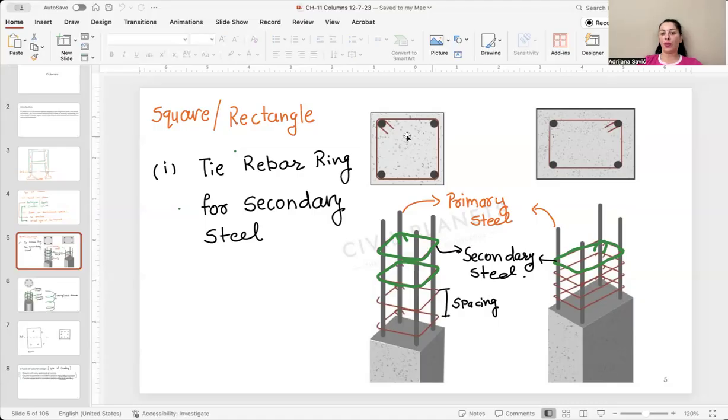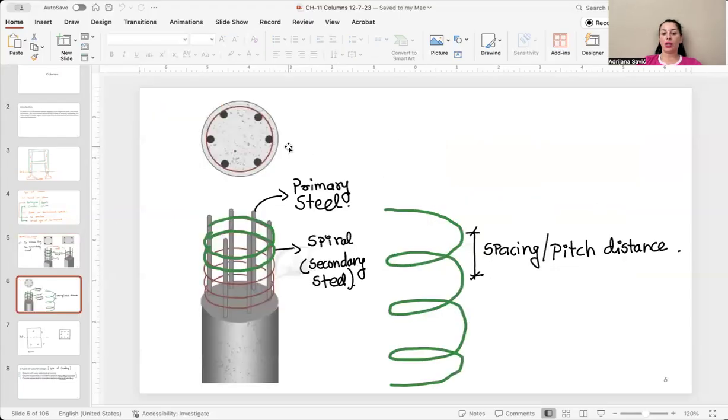This is an example of a square cross section, this is a rectangular cross section, and we have a circular shape with spiral secondary steel. It will be circular like this, and we need to determine the spacing or pitch distance.